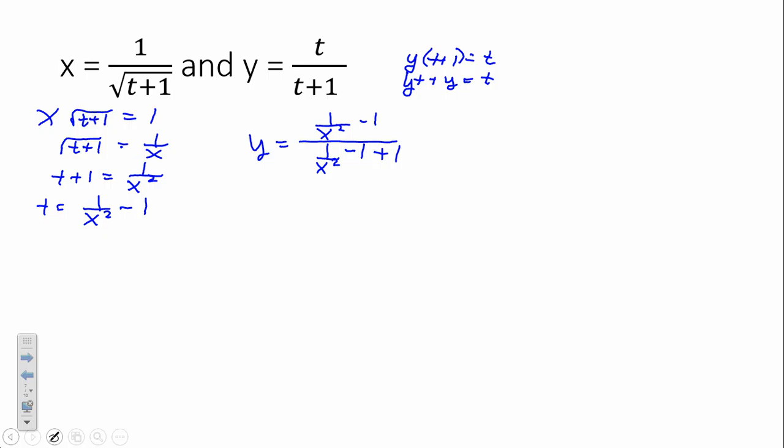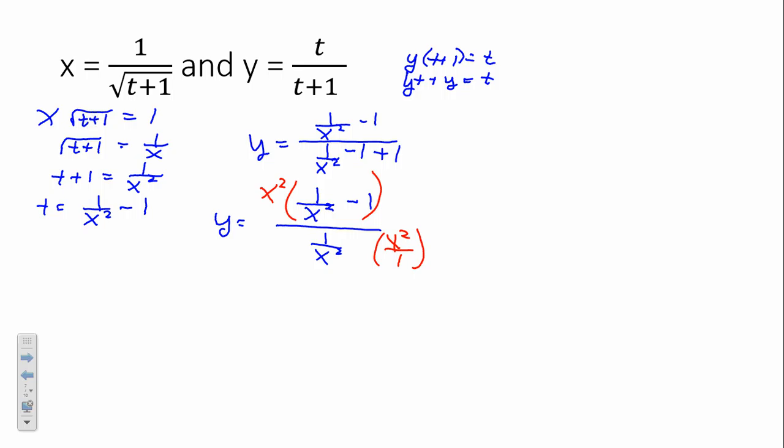So this is 1 over x squared minus 1, plus 1 just gives me 1 over x squared, right? Okay. Yep, flip and multiply, right? We're going to invert and multiply. So if I multiply the bottom by 1 over x squared, or x squared over 1, I multiply the top by x squared over 1.